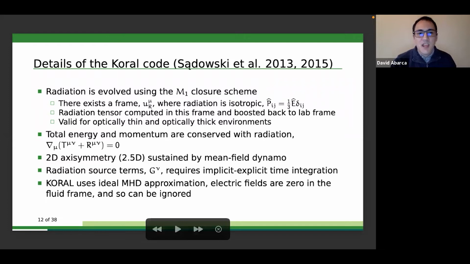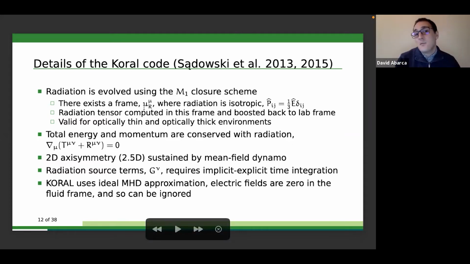And this gives us a rank 2 tensor, which is conserved, but we need extra information to compute this whole tensor. And so in order to do that, we say there exists some frame where the radiation looks isotropic. So the pressure part of the radiation tensor, the IJ components of this R mu nu, would look like the Eddington tensor, just completely isotropic.